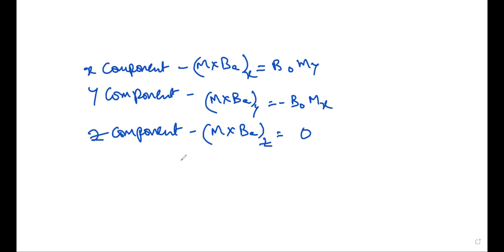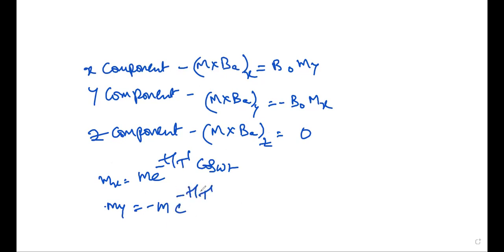So the solutions of this equation are Mx is equal to M e power minus t by T2 cos omega t, and My is equal to minus M e power minus t by T2 sin omega t. Those are the solutions of equation 8.